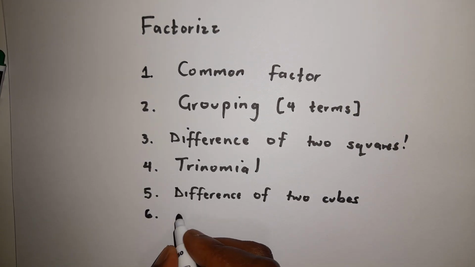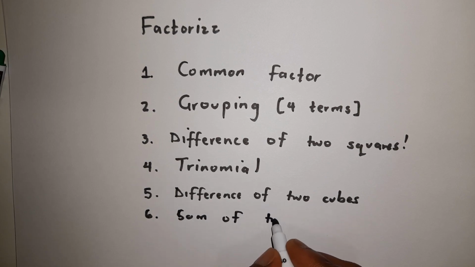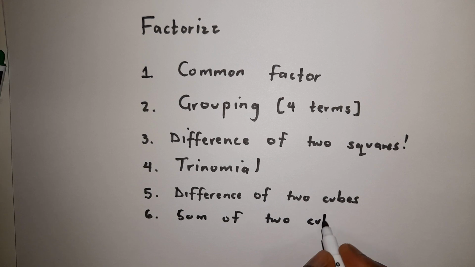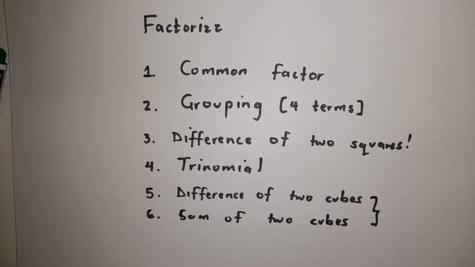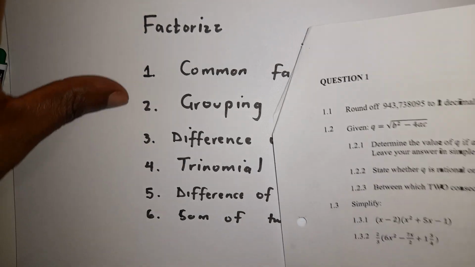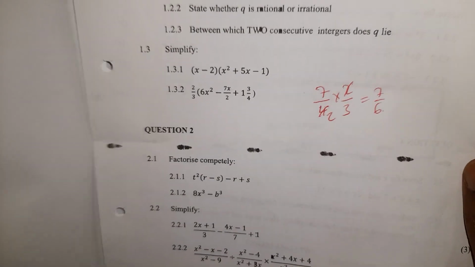Then the last one is the sum of 2 cubes. Mind you, for cubes, we have both the sum and difference. However, for squares, we only have the difference. So these are the techniques that need to come into your mind every time a question says you need to factorize, grade 10s.